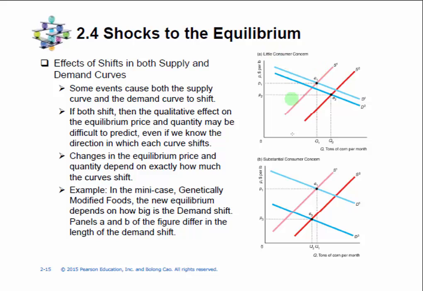And basically what we see here is the equilibrium quantity decreased, price increased. So basically the relative magnitude of the supply shift is much larger than the demand shift. And the result is basically you have something similar to a movement along the demand curve.